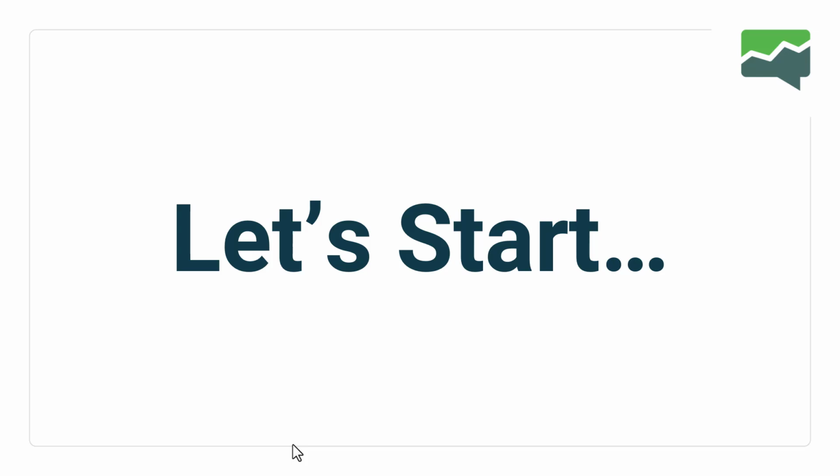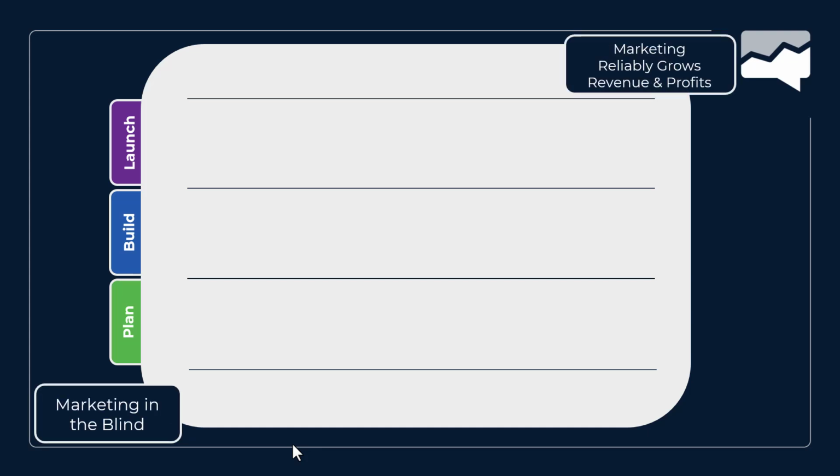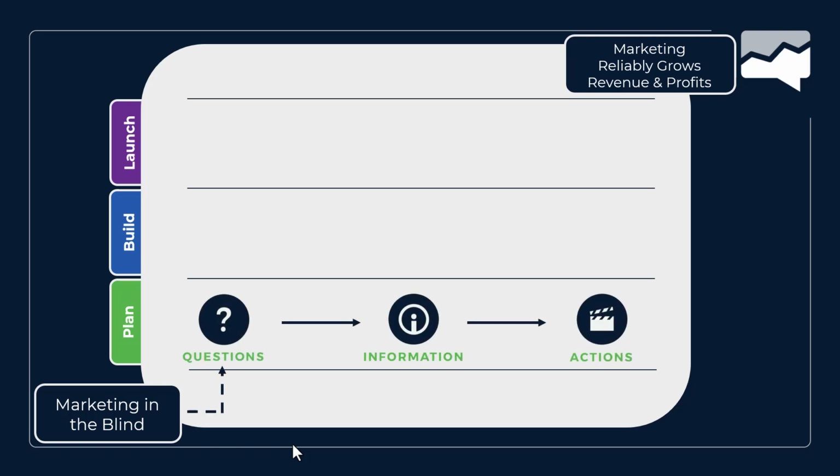Let's start. Before we dive in, we need to talk about our measurement marketing framework. Our framework helps you go from marketing in the blind to marketing where you can reliably grow revenue and profit. There are 3 key pillars: plan, build, and launch. Plan is about questions, information, and actions: knowing what questions you're going to ask, what information you're going to collect to answer those questions, and what actions you're going to take when you have those answers.